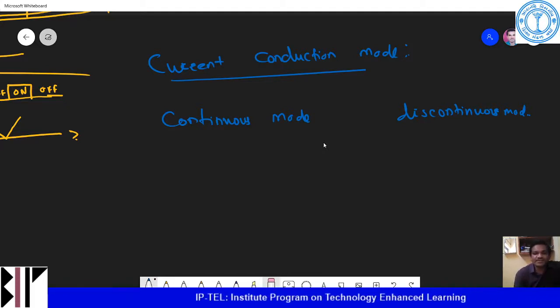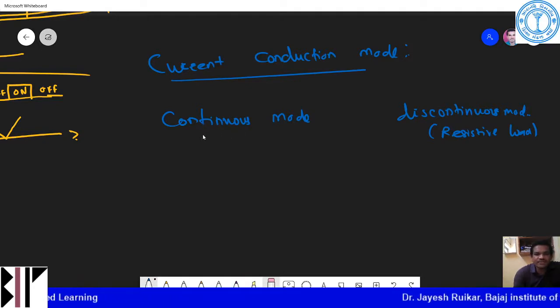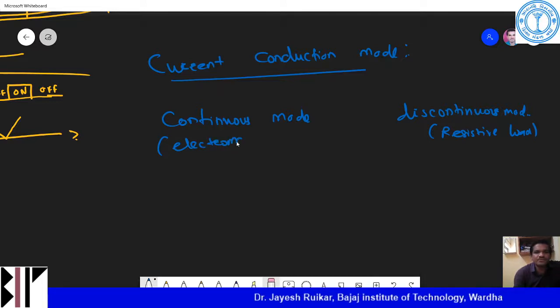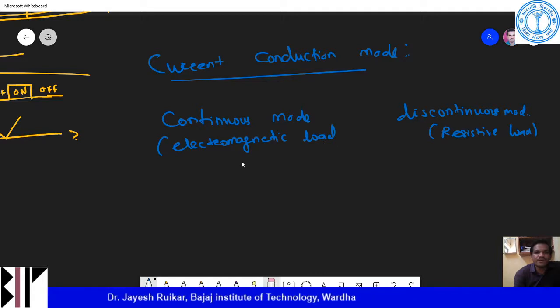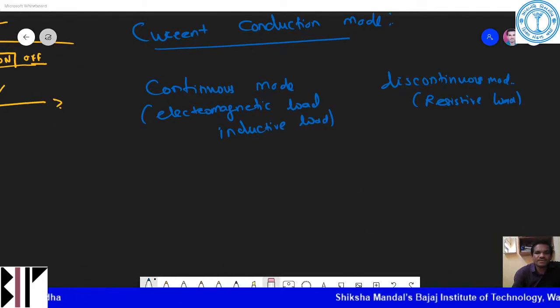In discontinuous mode we have a resistive type of load.